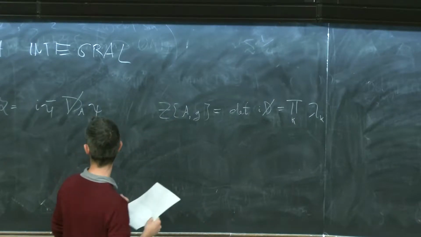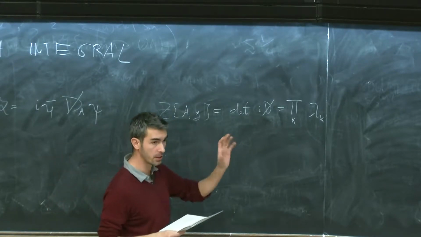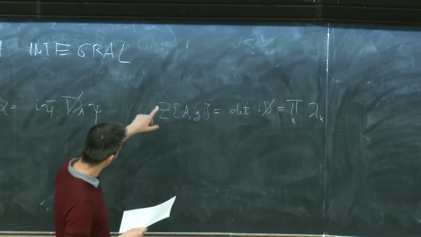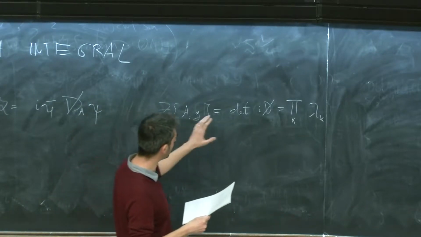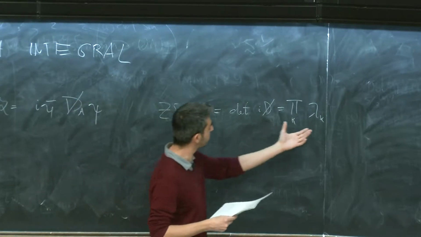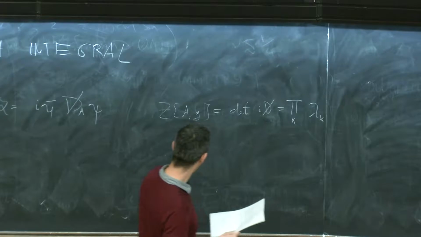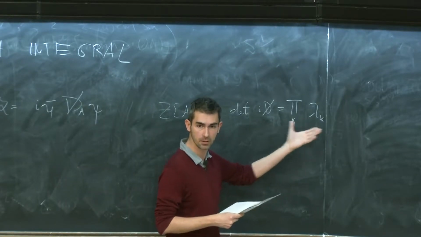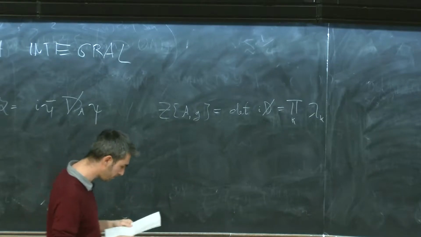And since in the Euclidean signature, if we reverse the orientation of the manifold, we get a complex conjugate partition function, for this theory the partition function should be real. At least formally, it is a product of real eigenvalues, and so these objects should be real.